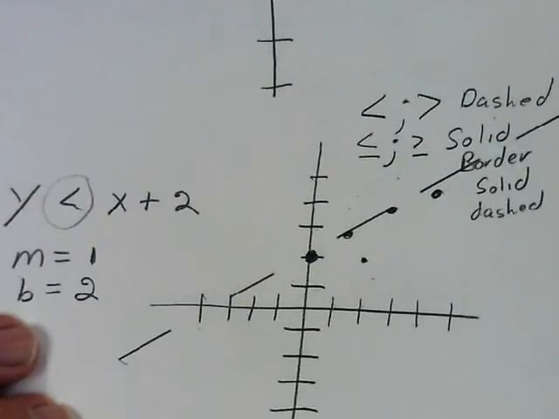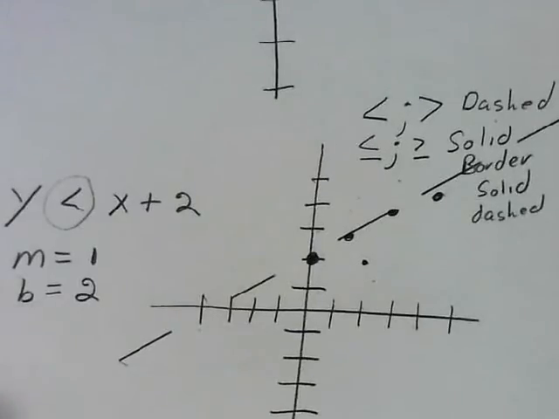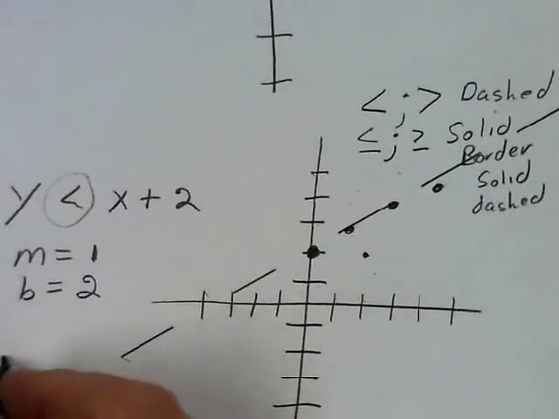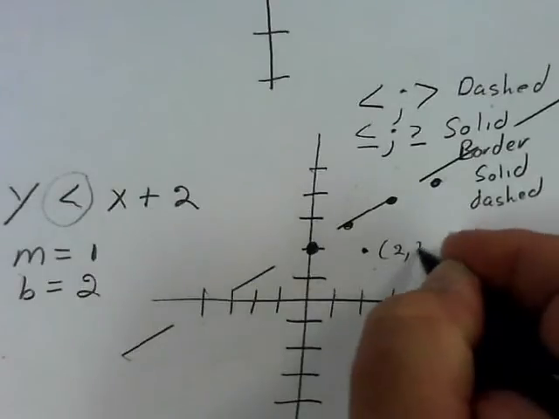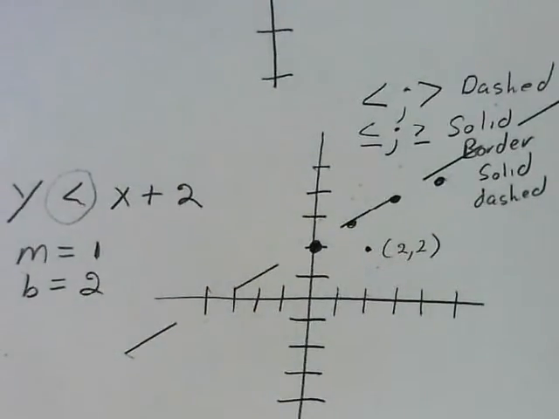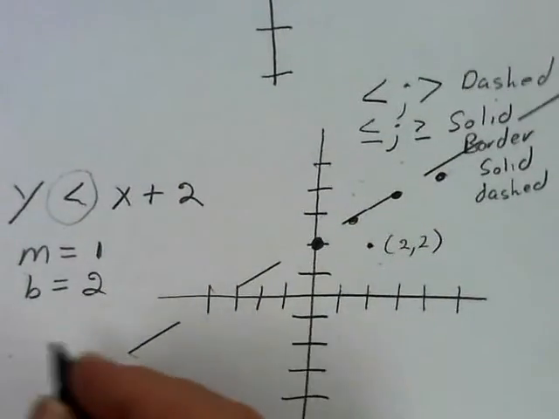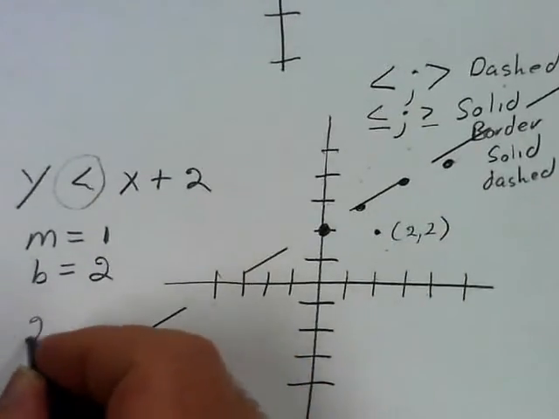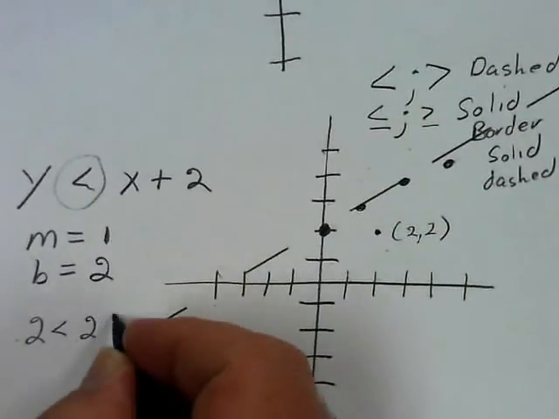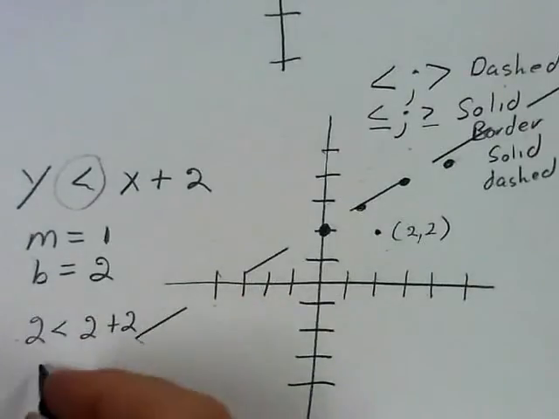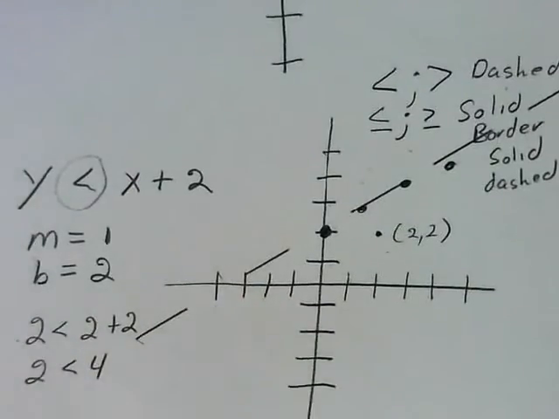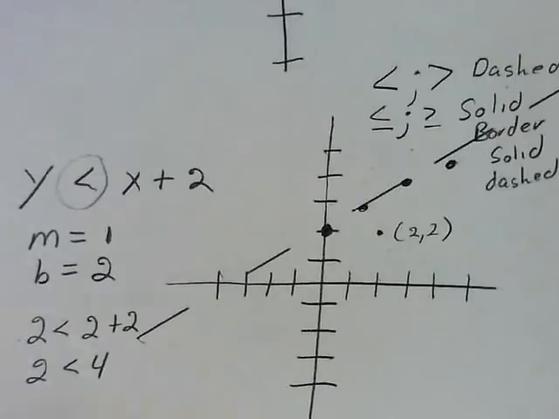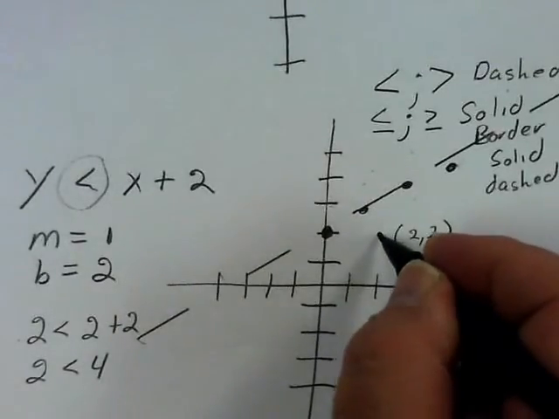Do you agree? So you put your 2, 2 into the original inequality, which means I picked the point 2, 2. So I put it into this original inequality. I would have 2 is less than 2 plus 2. Is 2 less than 4? Yes. So this point that I picked right here makes it true.